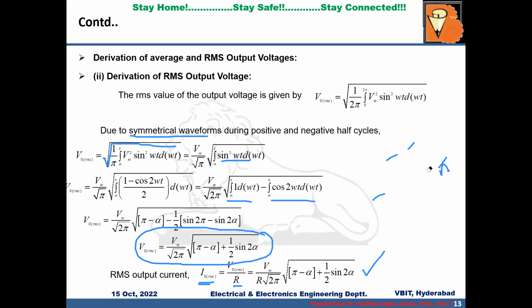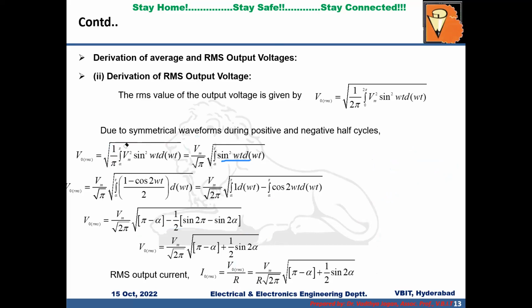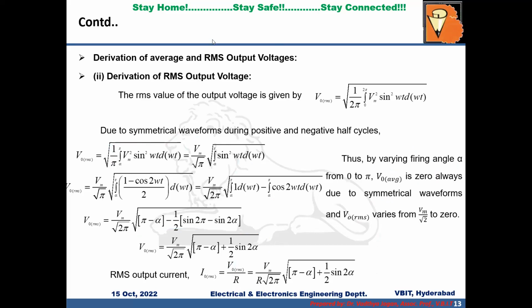So this is about the R load, and now we'll go for the RL load. Before that, as I said, the average output voltage will always be 0 if I trigger the thyristors symmetrically. If the thyristors are not triggered symmetrically, we won't get the average output voltage as 0.